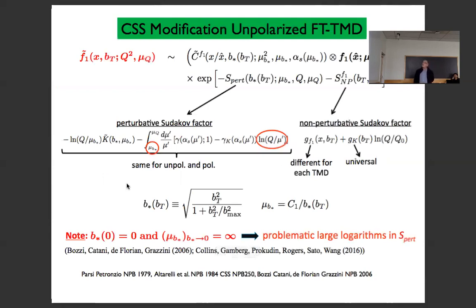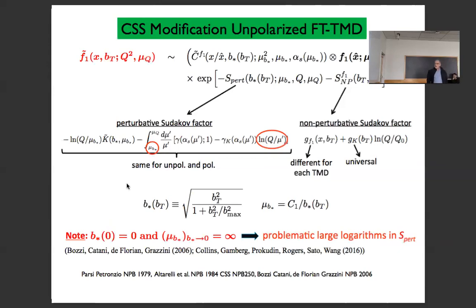If you want to go any further with exploring this relationship between the left hand and the right hand side, you encounter something that's been well known for many, many years: when b gets very, very small, you encounter these large logs. And so if you're performing a Fourier transform, you will encounter logs that are unphysical, because the W term is not supposed to be extended to small b, because it is well outside its design region.